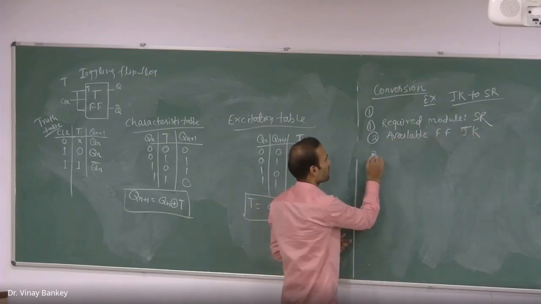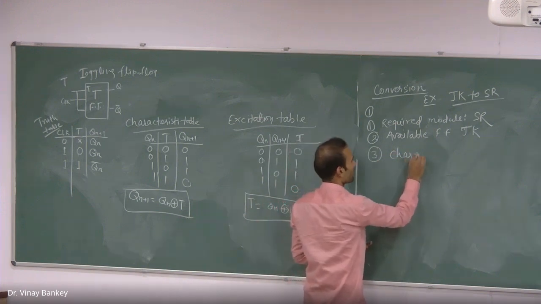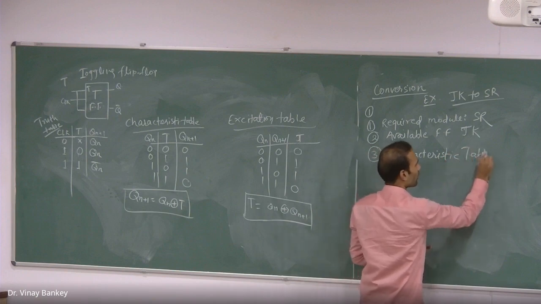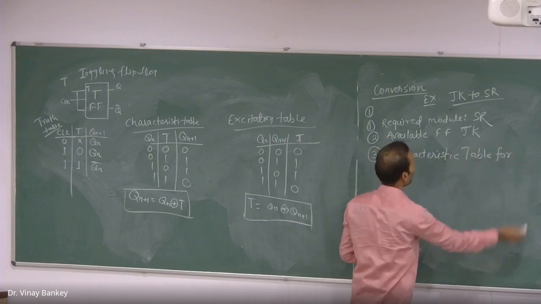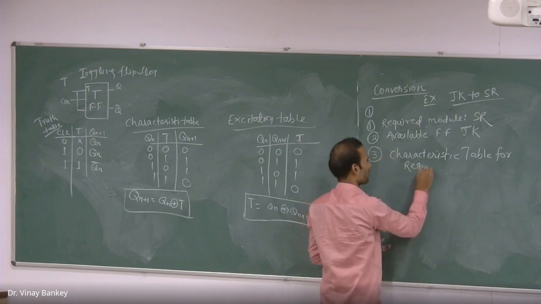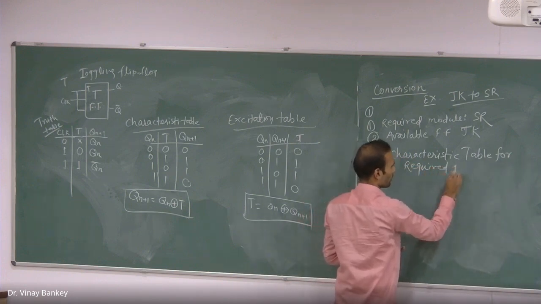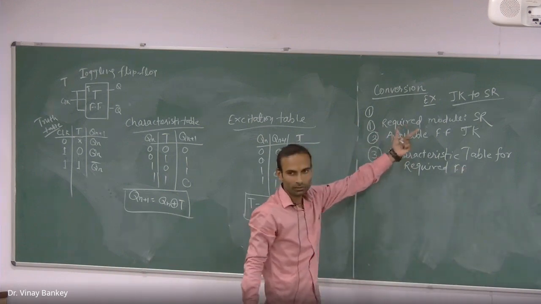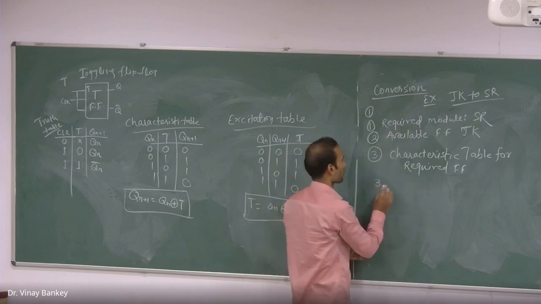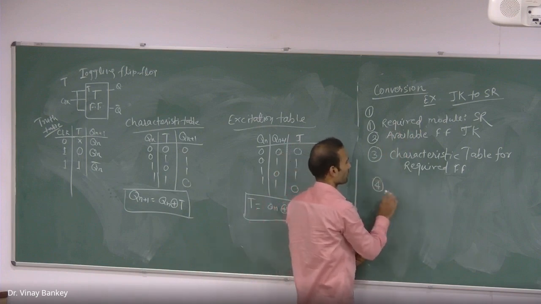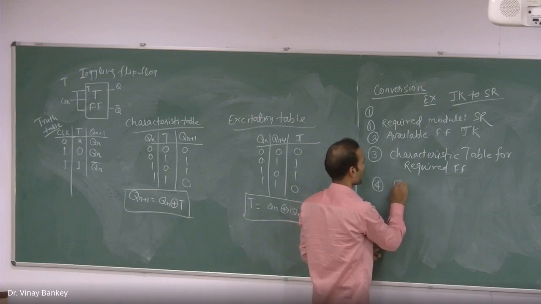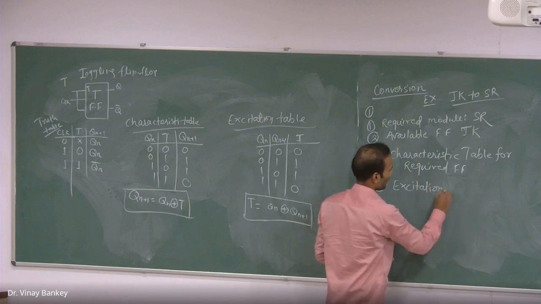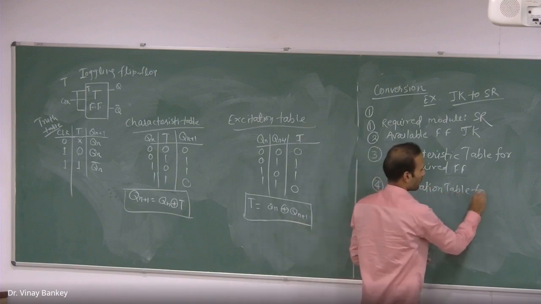The third step will be, you will write the characteristic table for the required one. So in this case, you will write a characteristic table for SR. The fourth one is, you will be writing the excitation table for the available one.